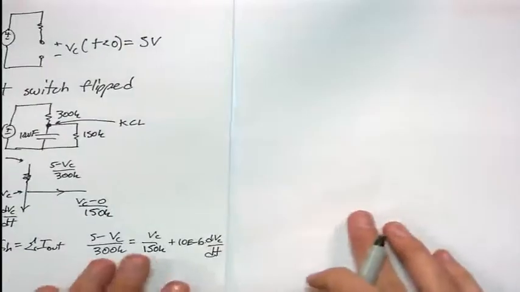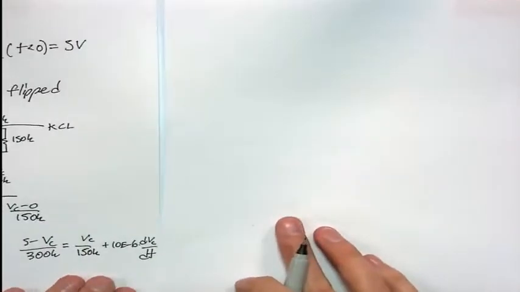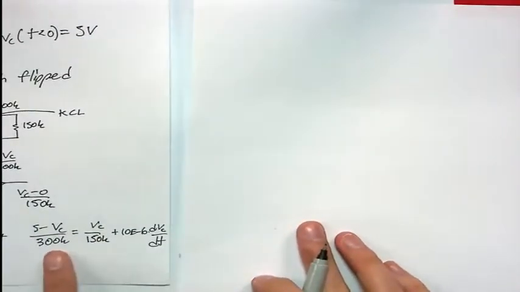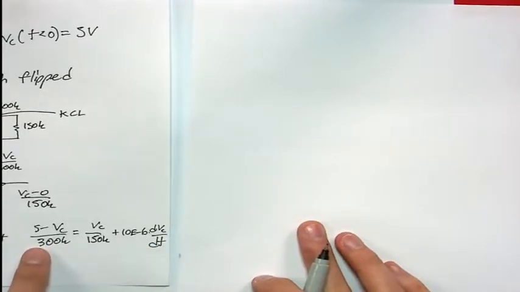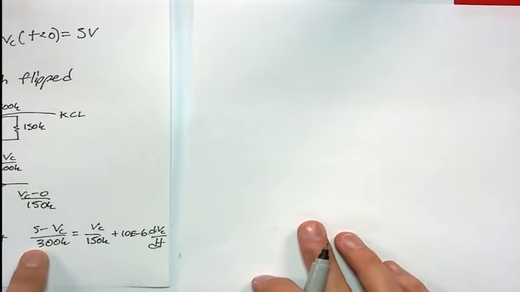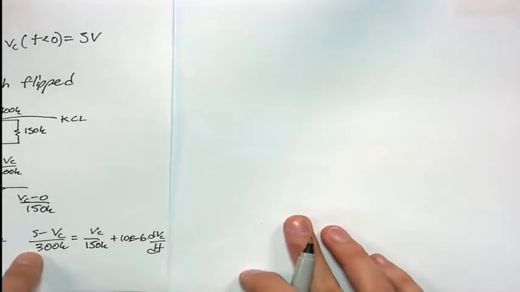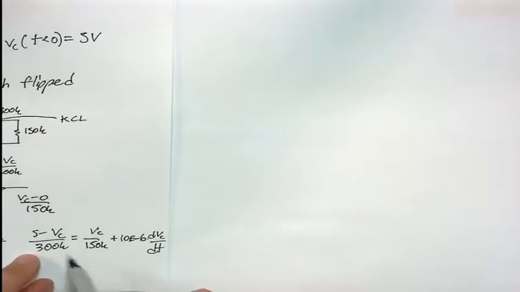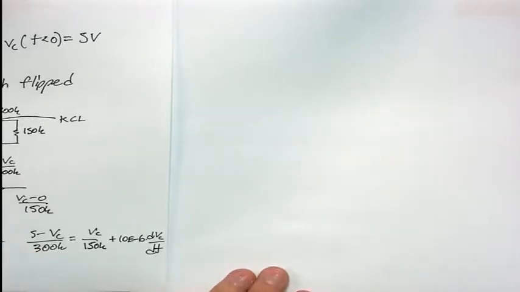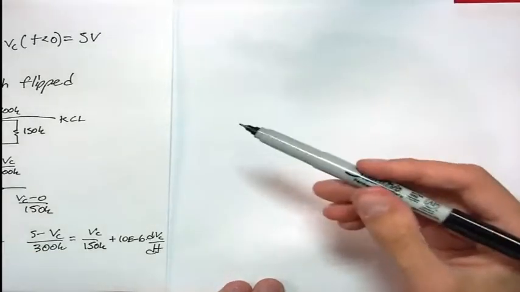Now that we have our KCL equation, it's a first order differential equation with a constant forcing function, or a constant source on it. We can rewrite it in terms that we've seen in the lecture slides.